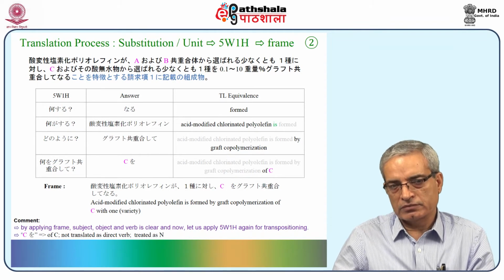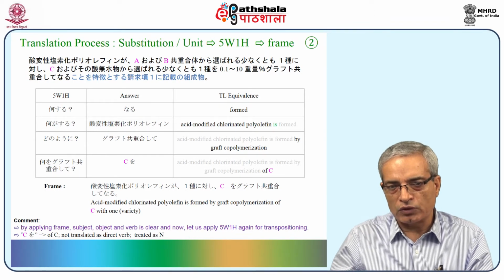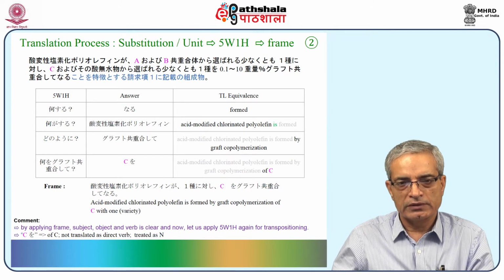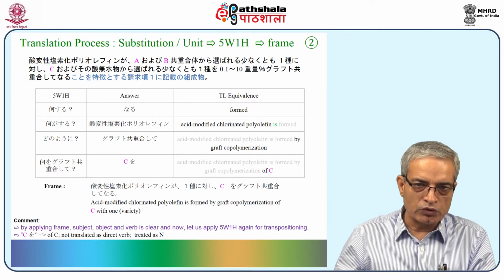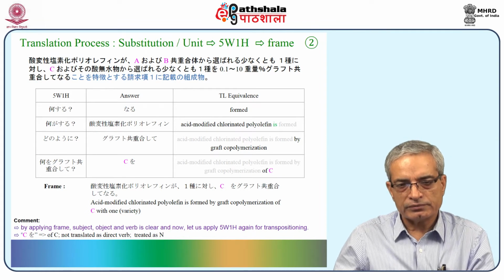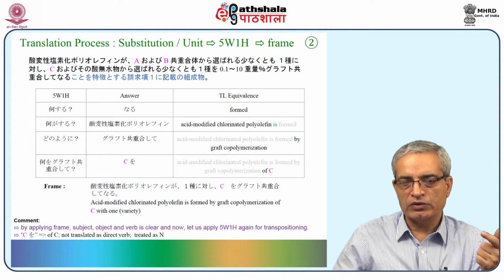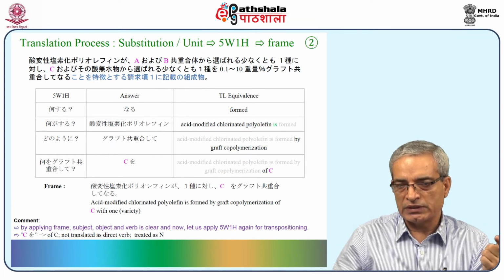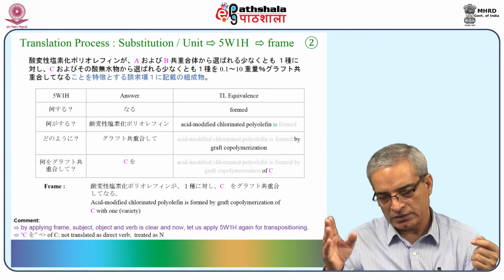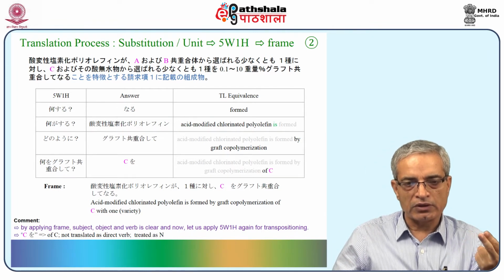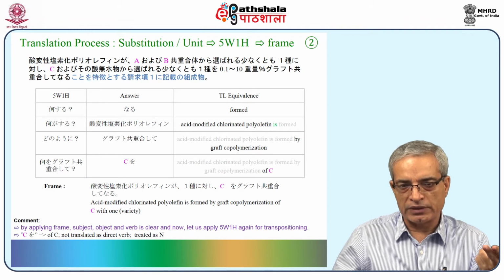Here it helps. Nani o, so C, because C was already defined. So C kyojugo shite, and the outcome of this is acid modified chlorinated polyolefin is formed by graft copolymerization of C with 1. With 1 means it has to be defined, not so difficult. You can always substitute the content of C later on.